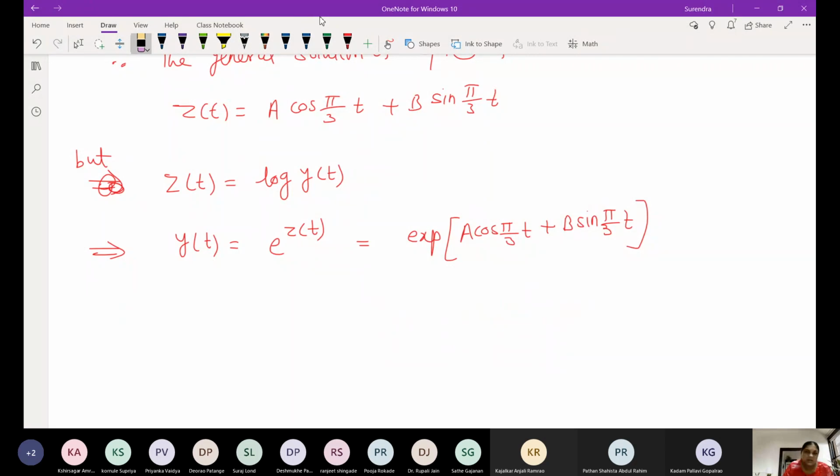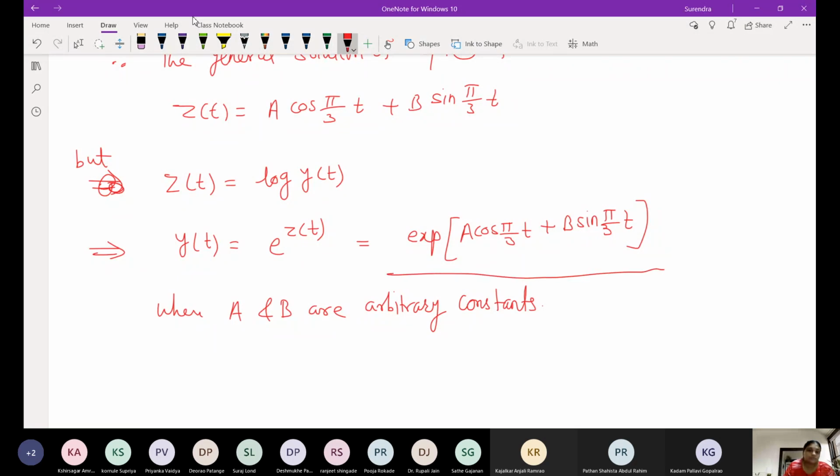That is, a and b are arbitrary constants, and that is my required solution. Is that okay? Yes, ma'am.